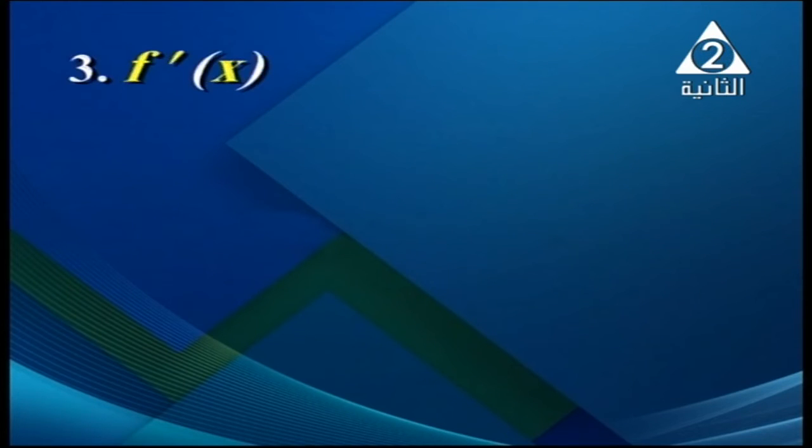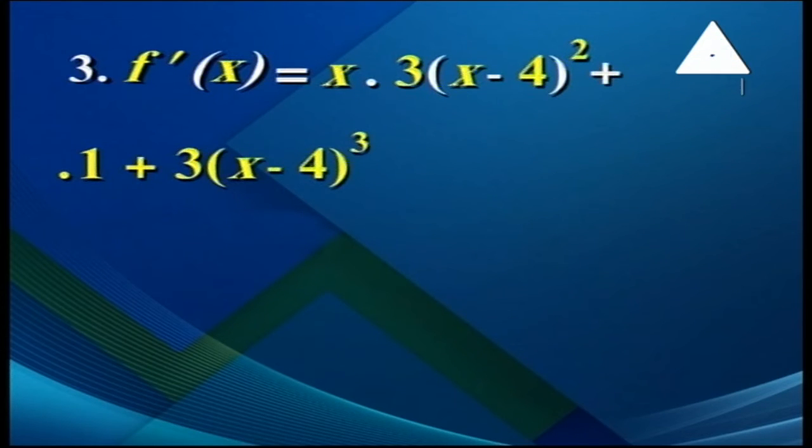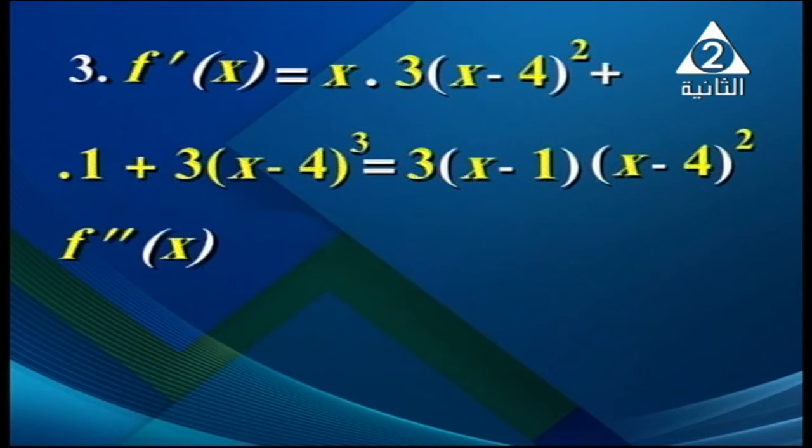Number 3, f dash of x equals x times 3 multiplied by (x minus 4) to the power 2, plus (x minus 4) to the power 3, which equals 3 multiplied by (x minus 1) multiplied by (x minus 4) to the power 2.